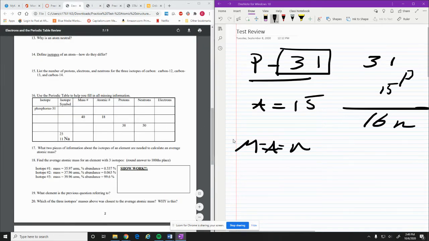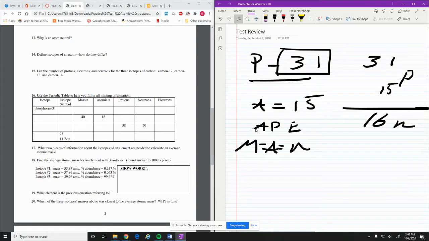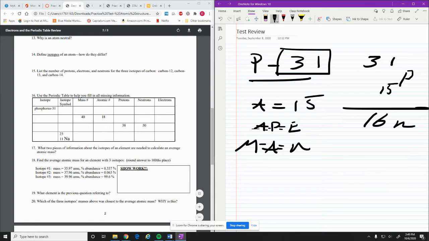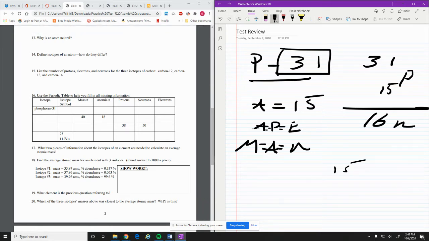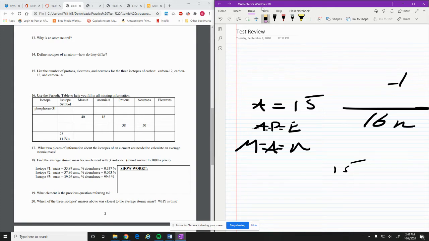Okay? And then electrons, right? Well, if we have APE, that's atomic is equal to proton equal to electron. If we have 15 protons, we're going to have 15 electrons. Okay? So that's how you do that. And I'll do one more of this because it's that important that you guys know how to do this stuff.